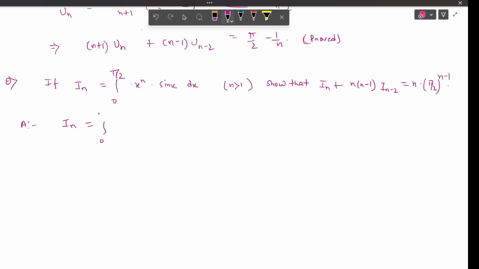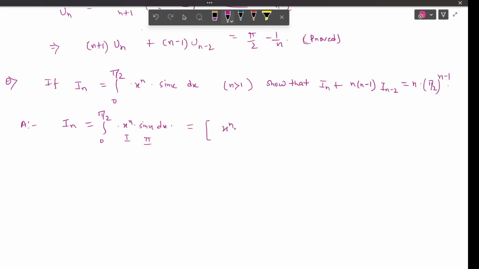I of n is integration 0 to pi by 2 x to the power n sin x dx. So here we have sine and x to the power n, algebraic and trigonometric function. So this would be our function 1 and this would be our function 2 if we apply Euler rule.